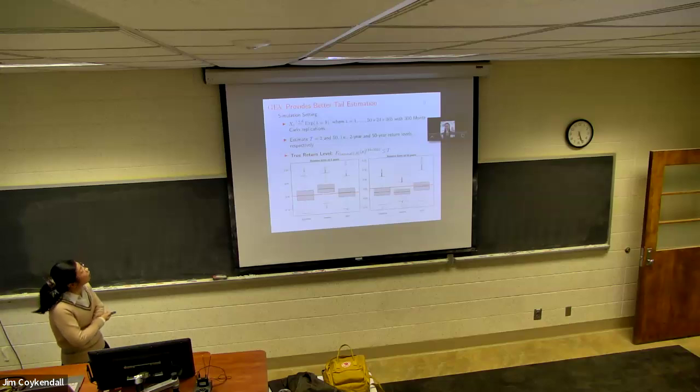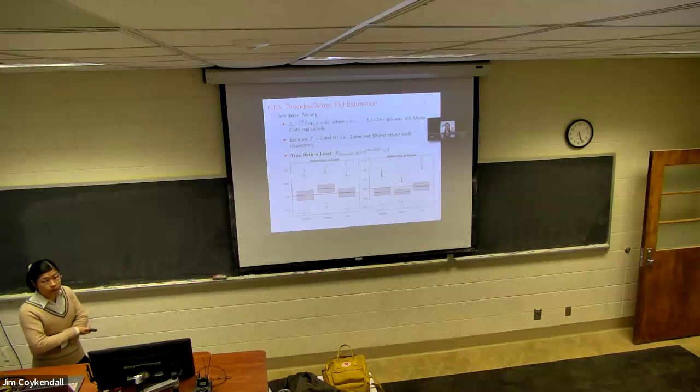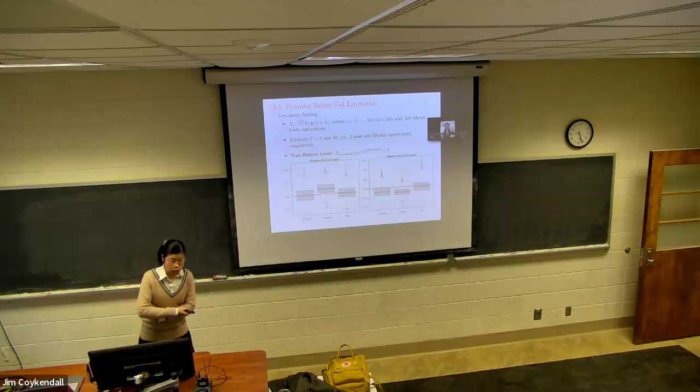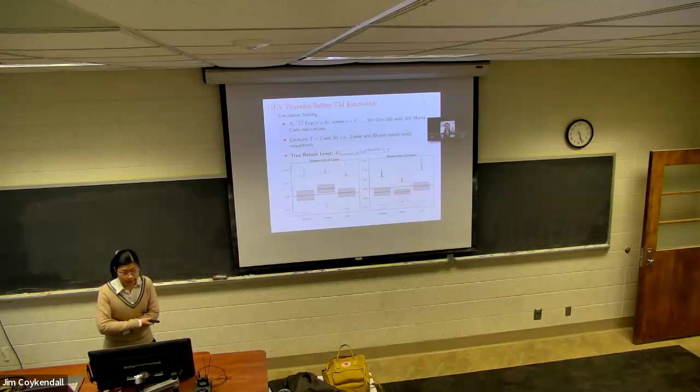So we also conducted a simple simulation to check that GEV does provide a better tail estimation. In here, the simulation setting is we sample the data from an exponential distribution with a mean of 8.